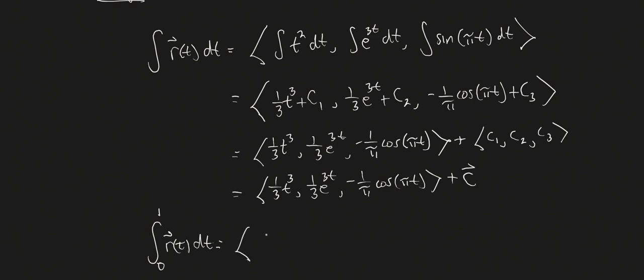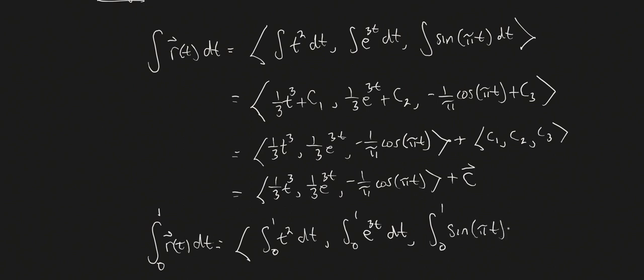So now what we would have is kind of the setup. This is how it would look, right? You would take the definite integral of each component, in this case from 0 to 1. So 0 to 1, e to the 3t dt, and the integral from 0 to 1 sine of pi t dt.